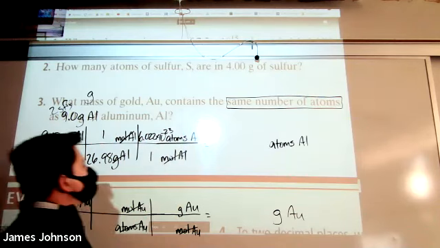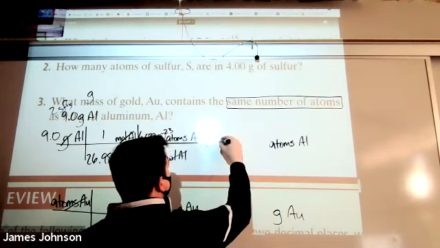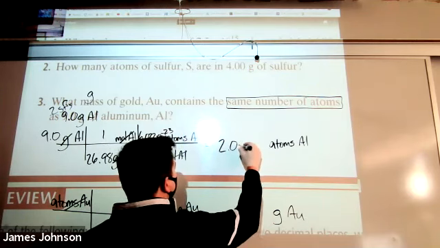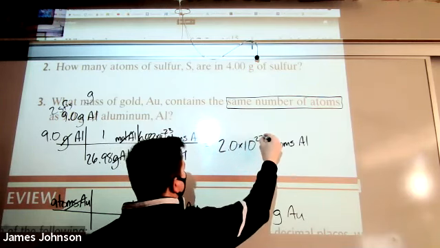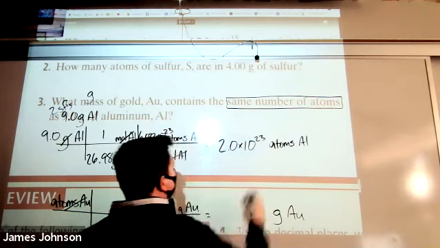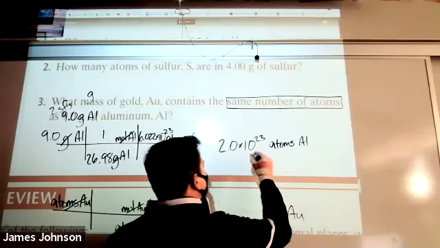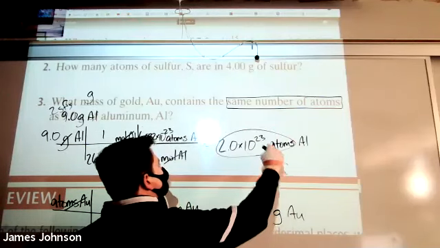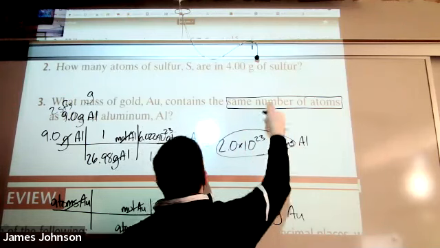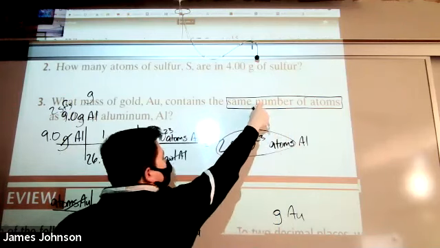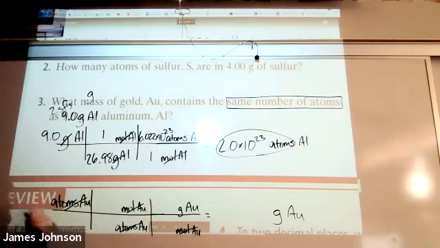And when I actually do the calculations, again, to two sig figs, it ends up being 2.0 times 10 to the 23rd atoms of aluminum. So this number of atoms, same number, that's what the question says, same number of atoms, but now gold.